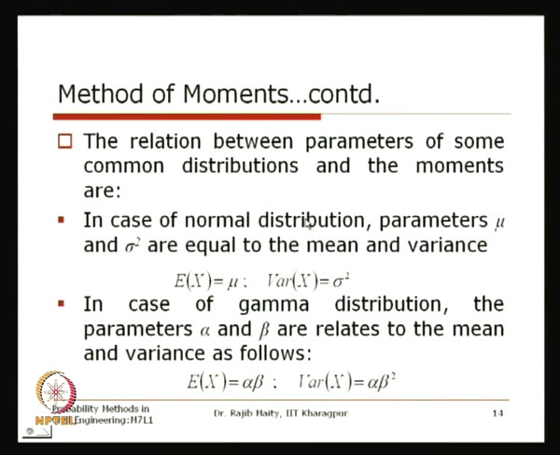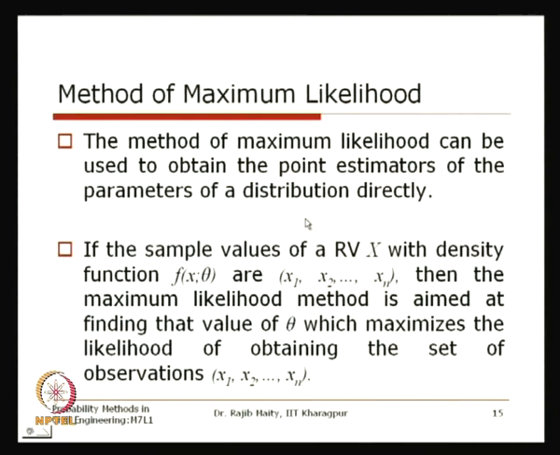Now the second method is the method of maximum likelihood. The method of maximum likelihood can be used to obtain the point estimator of the parameters of a distribution directly. There are some shortcomings of the method of moments.